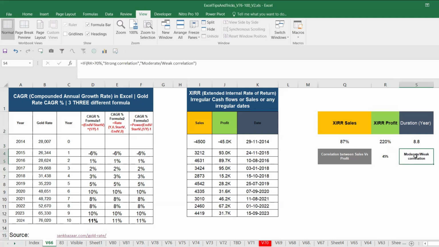We can give a condition: if this value is greater than or equal to 70 percentage, then say strong correlation, meaning profit is correlated with sales, or else you say weak correlation.